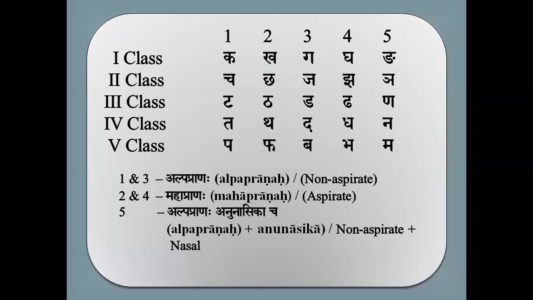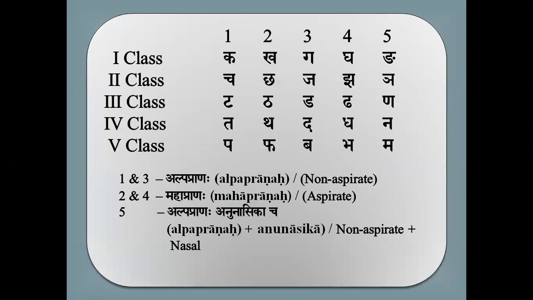The number 2 refers to the second letter of all the class consonants. Kha, chha, tha, tha, pha. And the number 3 denotes the third letter of all the classes. Ga, ja, da, da, ba.